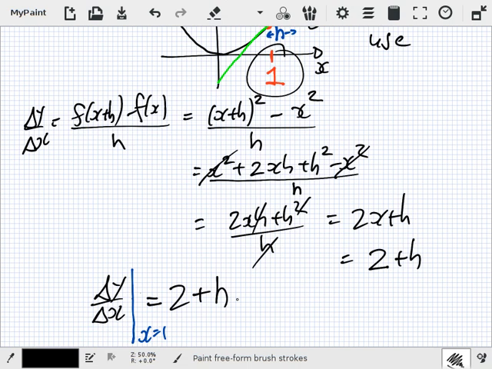Oh no, it didn't disappear. We put in the value of 1. So at the beginning we said the slope of the secant at 1. Okay, so the slope is 2.1?